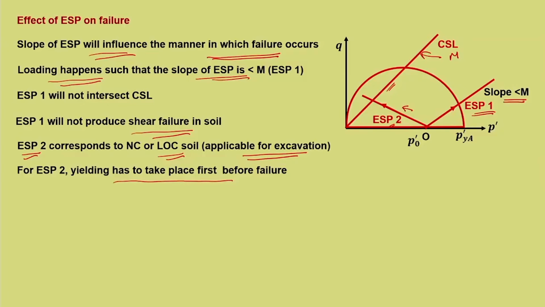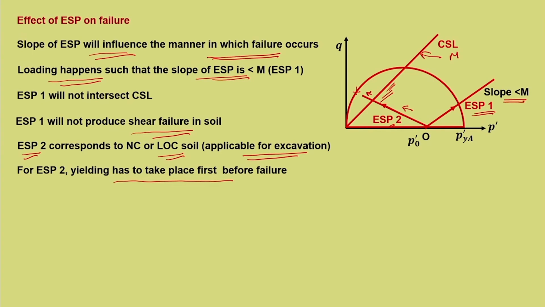But now our point is LOC. In all our previous discussion, LOC and HOC, it yielded first and then went ahead towards the critical state line. But now, if the loading such as that in excavation is done in such a manner that it follows ESP2, then it will cross the critical state line. As you can see here, it crosses it, goes and yields and then will come back to failure. So, that is what I just wanted to highlight here.